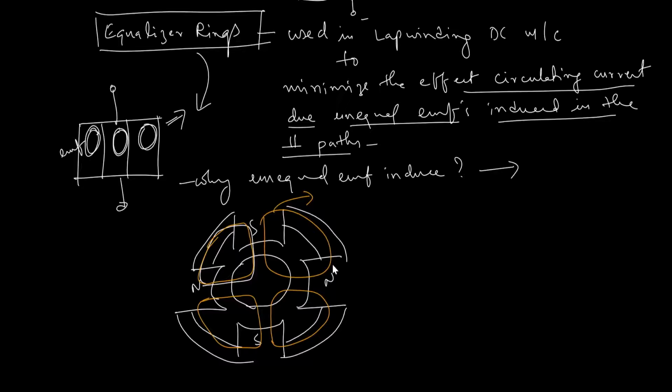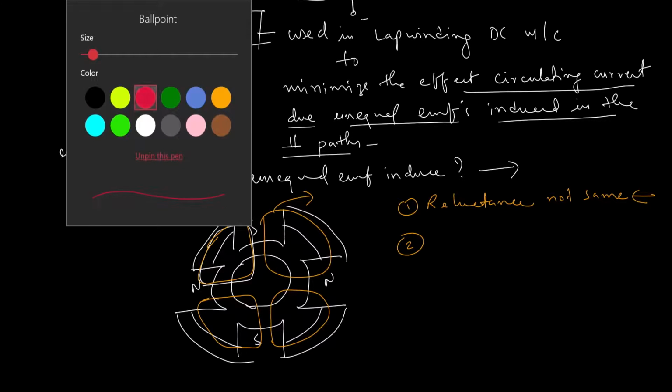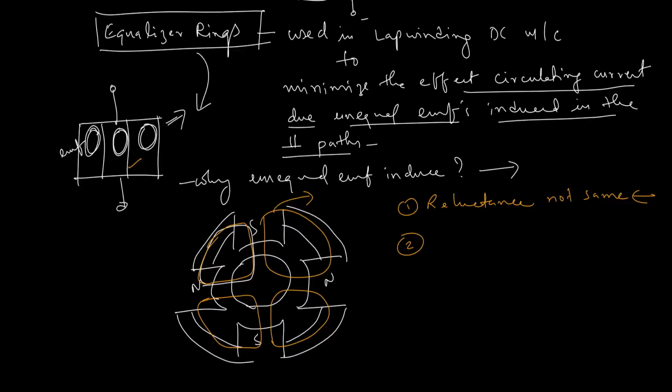If the reluctance offered for each loop is not the same, then due to aging and wear and tear of bearings, the rotor or armature might slide a bit towards some end.